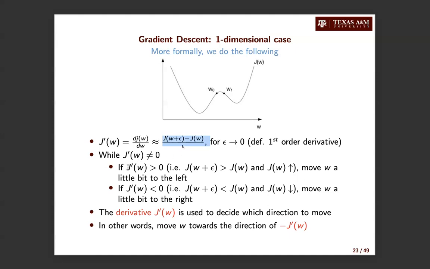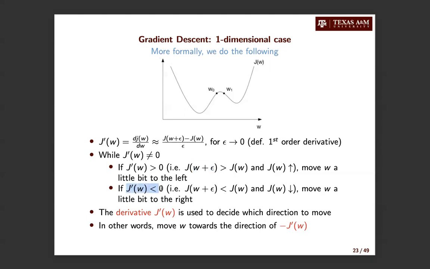Now, if the first order derivative of J of W is positive, this would mean from the definition that J of W plus epsilon is greater than J of W. Therefore, if we slightly shift W and make it W plus epsilon, since epsilon is greater than 0, this function will increase when we slightly shift W towards the right side.